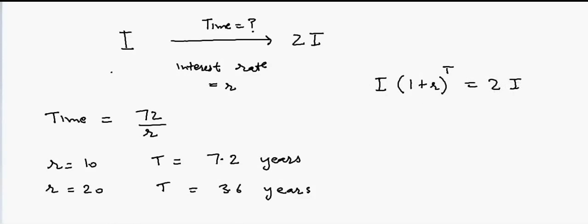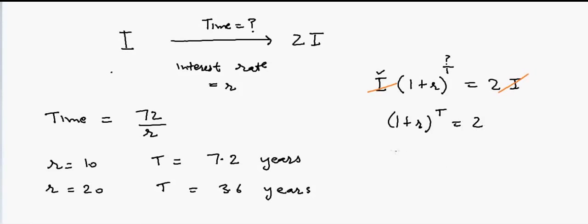This is our initial investment, and then we have an interest rate every year, compounded every year, so that will become 2I after a certain time. And we want to calculate what the time should be. Now if we solve this equation, I will be cancelled out by the other I, and then we have (1 plus R) to the power t is equal to 2.